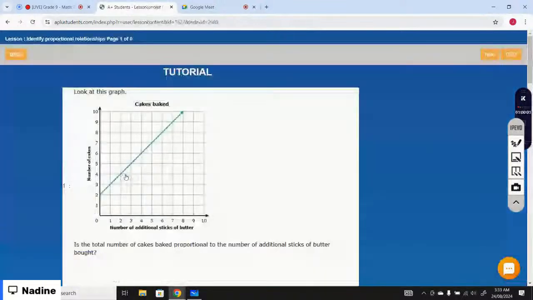Okay, look at this graph. Is the total number of cakes baked proportional to the number of additional sticks of butter bought? So which is the correct option?